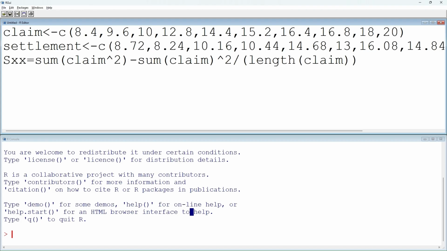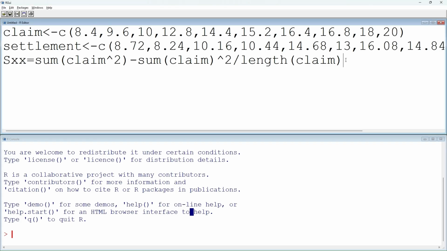Now, the length of claim is basically just the number of elements that you have in claim, all right? As simple as that. So that's the first step: I'm going to take the sum of claim squared minus the square of the sum of claim, and divide by the length of claim. That's basically all I need to do here.